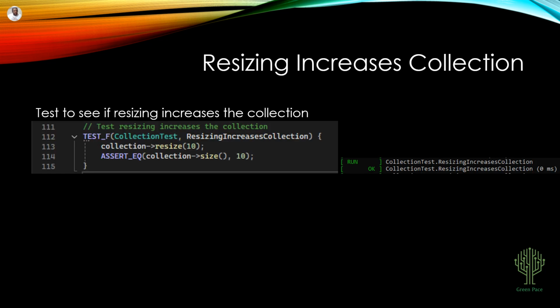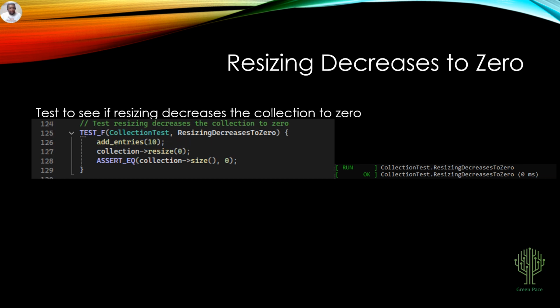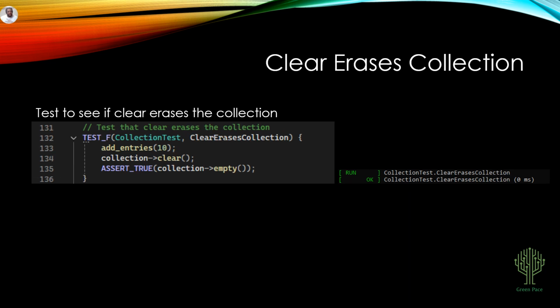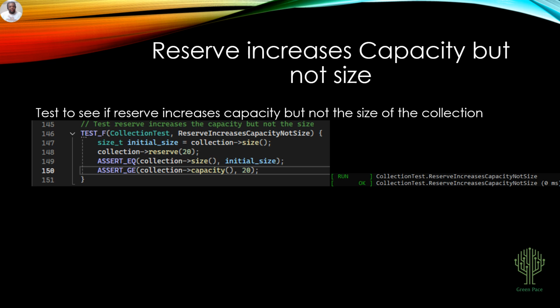The third unit test is to see if resizing increases the collection. The fourth unit test is to see if resizing decreases the collection to 0. The fifth unit test is to see if clear erases the collection. And the sixth unit test is to see if reserve increases capacity but not the size of the collection.